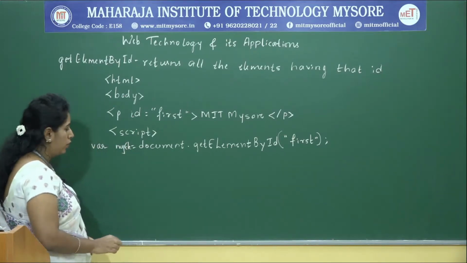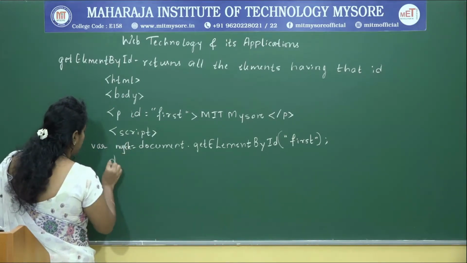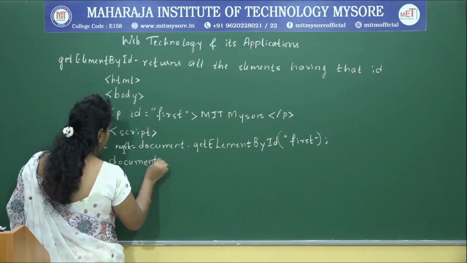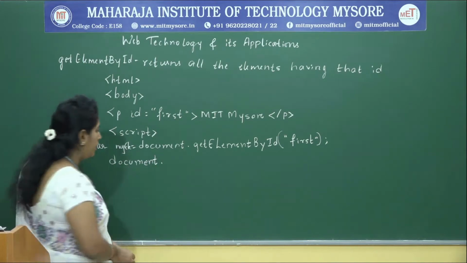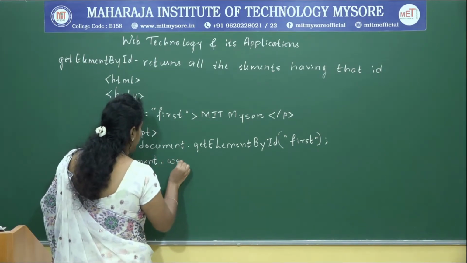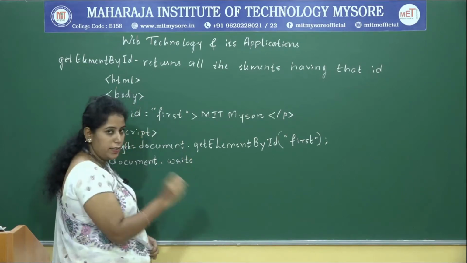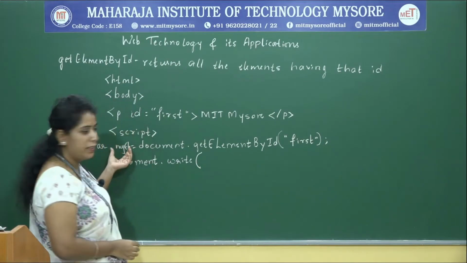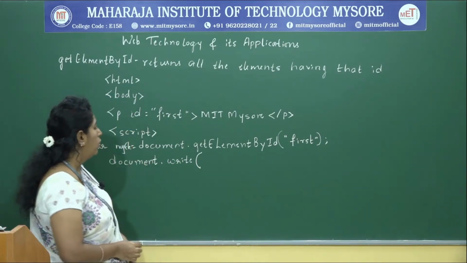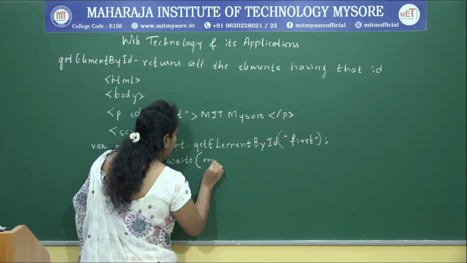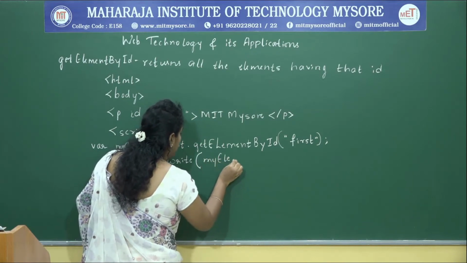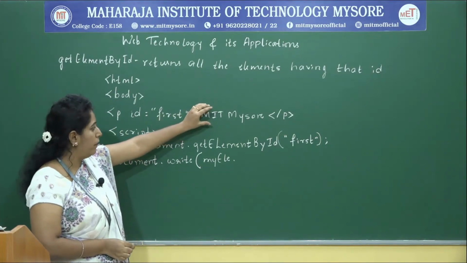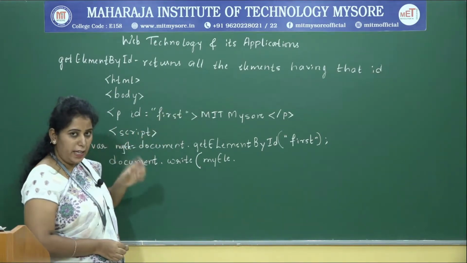Next I have to print it on the screen. In order to print it on the screen, take the object document dot write, a method to print on the screen. What do you want to print? The content inside myElement. So myElement is the variable, dot. Inside it the paragraph message is there, and you want to extract it.